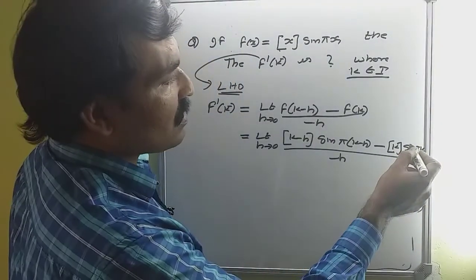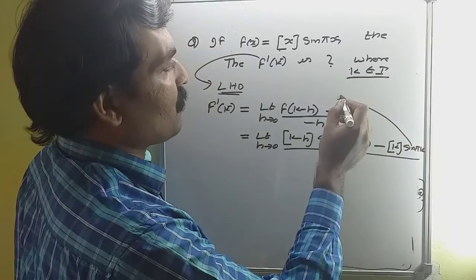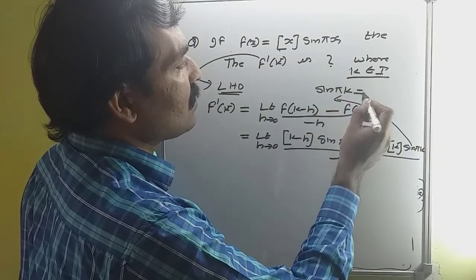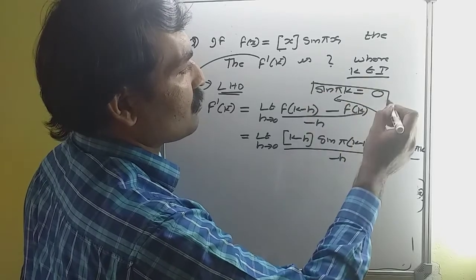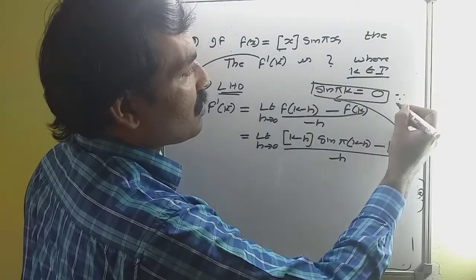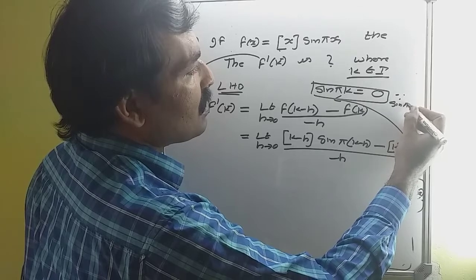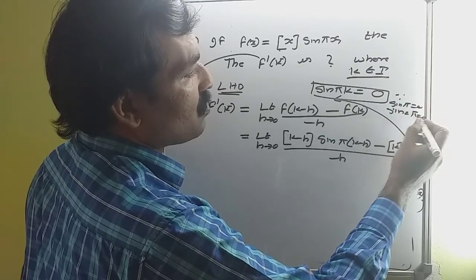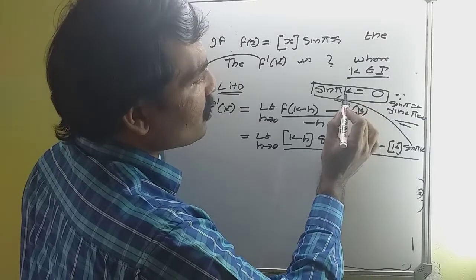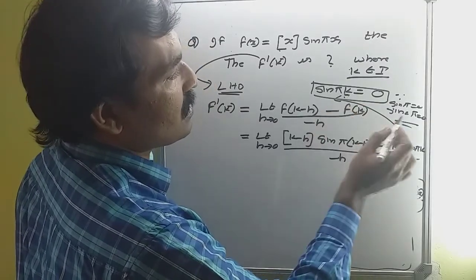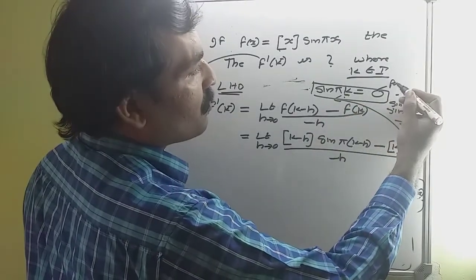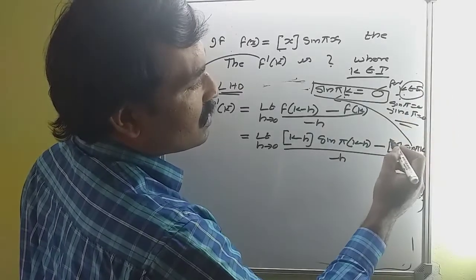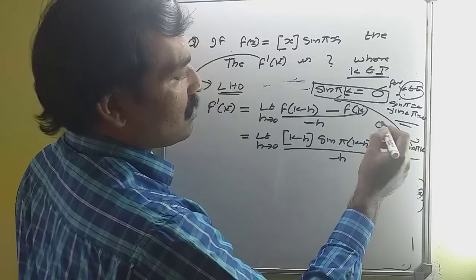Now, what's the value of sine pi k? Sine pi k is always 0, since sine pi is equal to 0, sine 2 pi is equal to 0. For any integer k, sine pi k is equal to 0, for k an element of I. So this term is equal to 0.